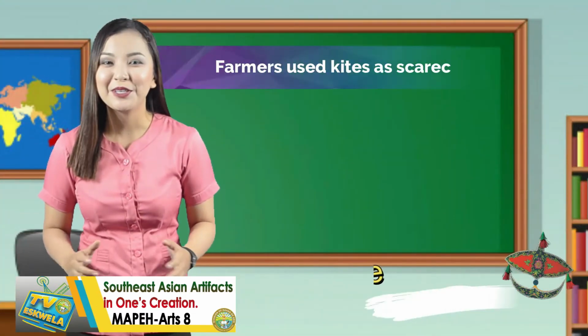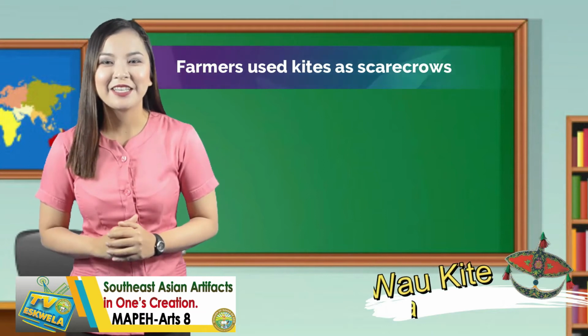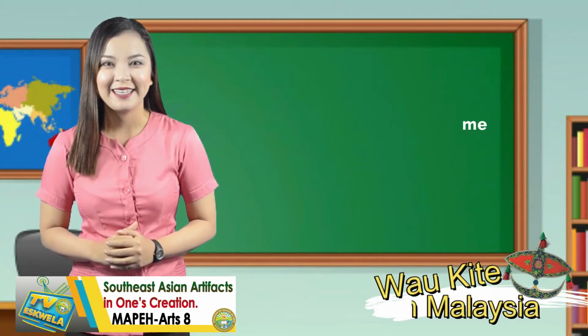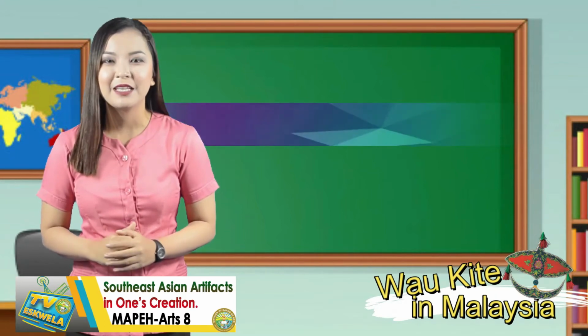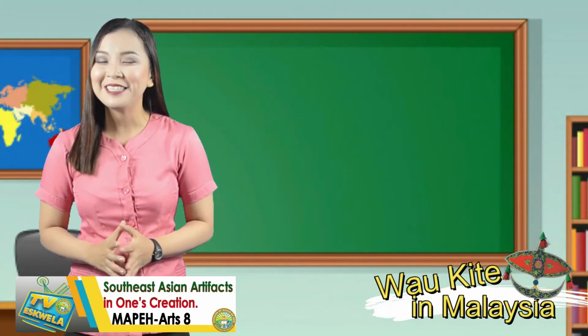This kite-making tradition comes naturally to Malaysian people, especially in the eastern states of the Malaysian peninsula. Farmers used kites as scarecrows in the fields and as a means to lull their children to sleep so they could work with little interruption.